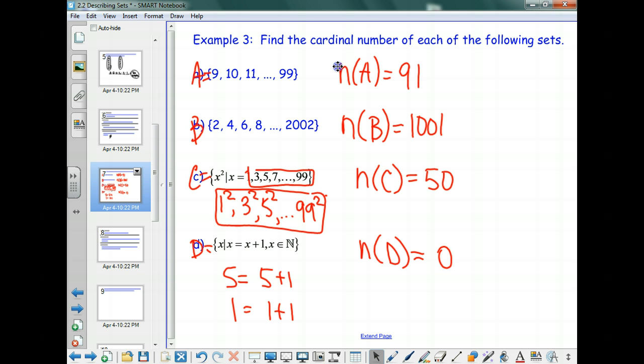You could say that set D is 0 with a slash through it. But n in front of it means the number of items in there, so we want to list a number for the number of items. So this is the empty set, and the number of items in the empty set is 0. All right.